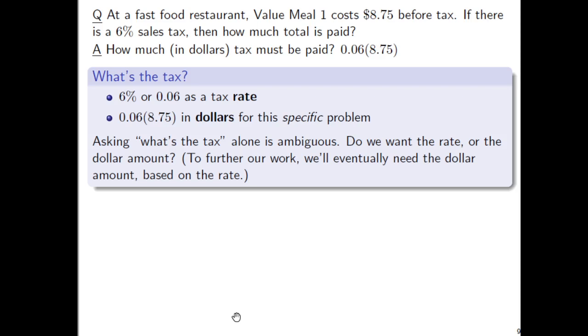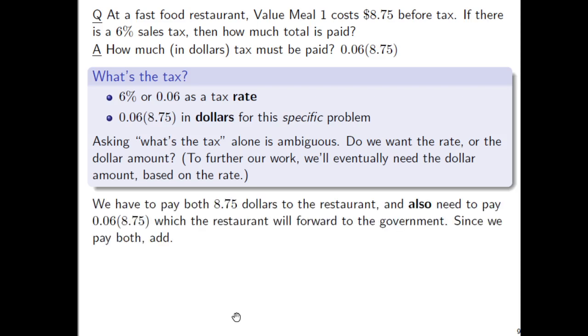Sorry if I ever do that, but there's the rate or the dollar amount. And very often people just want to quote back the tax rate, and sometimes we need to take that rate of 0.06 and do something with it, namely multiply by the pre-tax amount of 8.75 to figure out how much tax is paid. But then the key thing to notice here is that we have to pay both the $8.75 to the restaurant. We also need to pay 0.06 times 8.75. That's the dollar amount of the tax. We pay that to the restaurant, but the restaurant's going to forward that to the government, right?